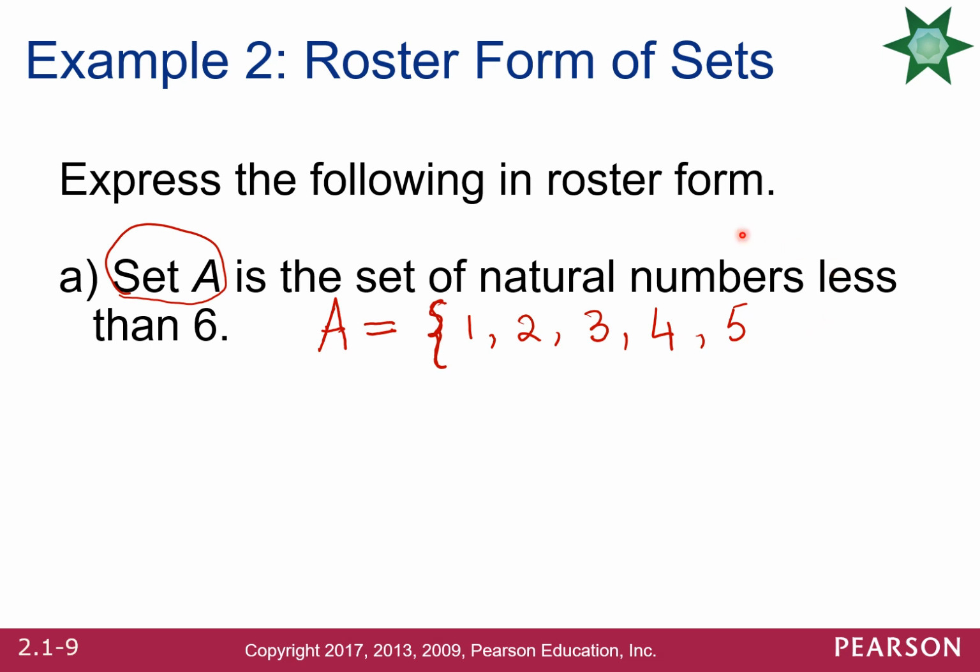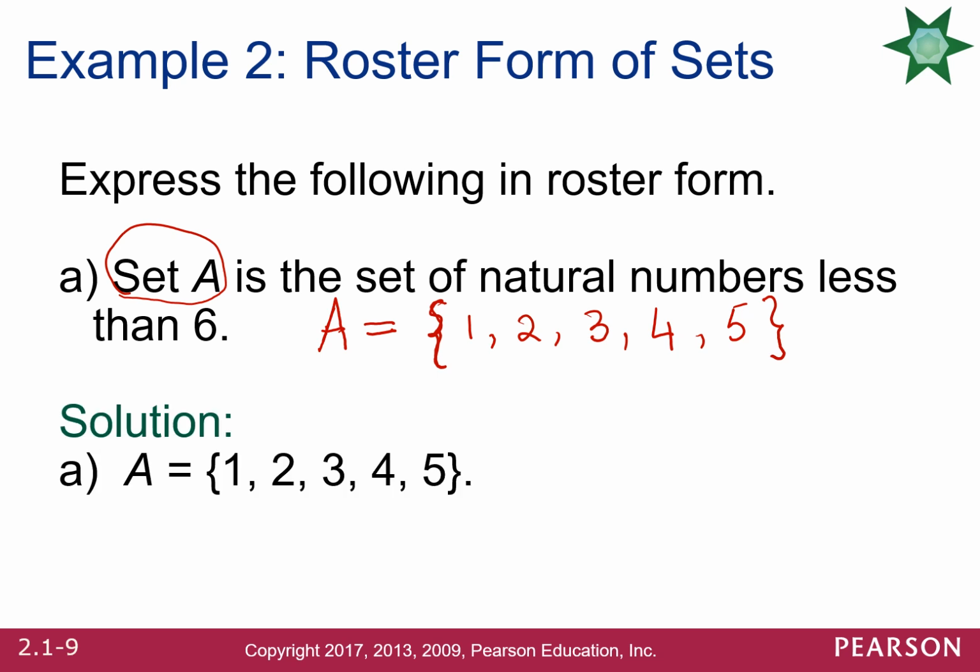And then based on the description of the set, we will stop at 5, because it says the set are natural numbers less than 6. So 6 is not included. We stop at 1 less than 6, and then we close the braces, so to speak.